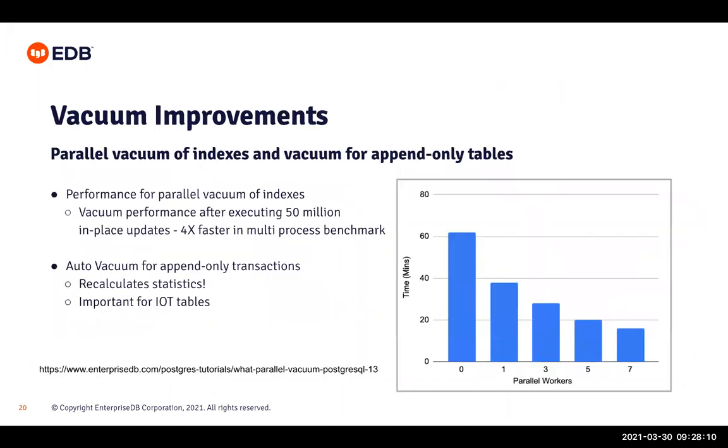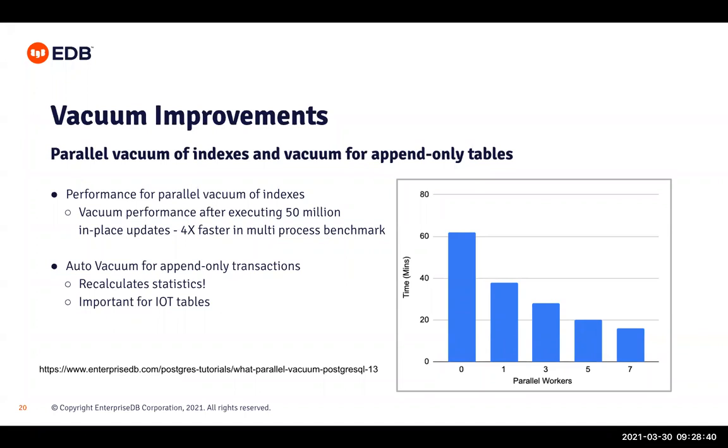So parallel vacuuming of indexes allows you to add workers to vacuuming of your indexes. And as you can see here, there is a comparison of the speed at which this completes, and as we add more workers, of course the time diminishes.